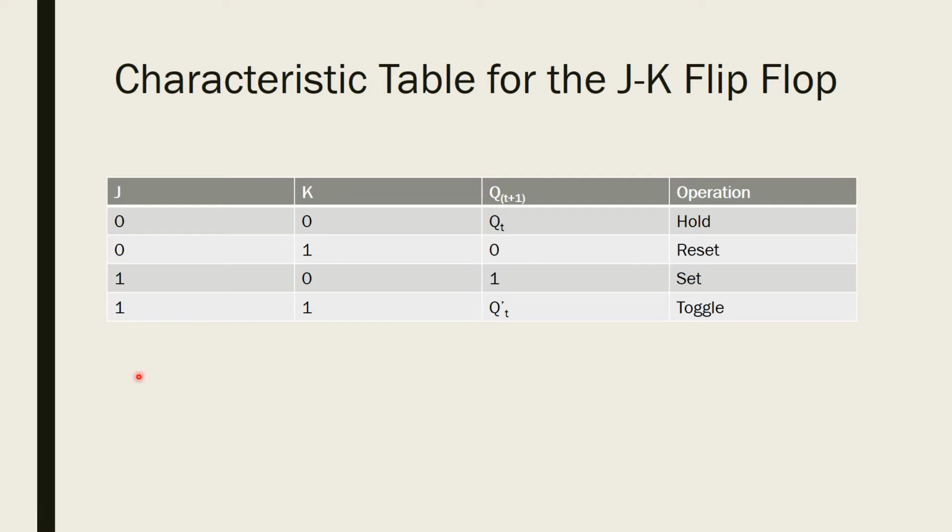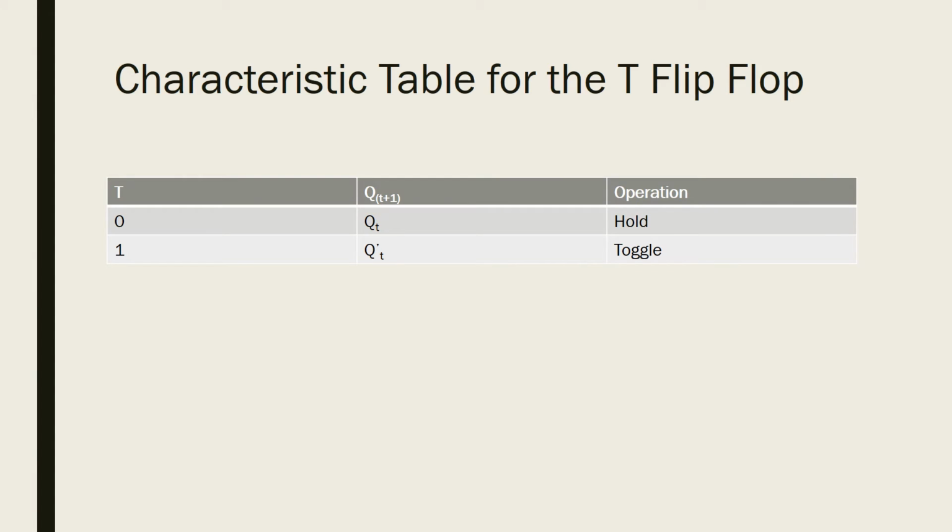From this characteristics table, we see that the set and reset operations are independent of the present state QT. As we saw from the truth table, the T flip-flop performs two operations, hold and toggle.